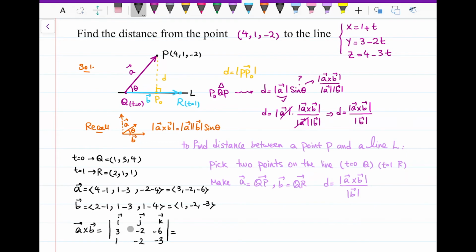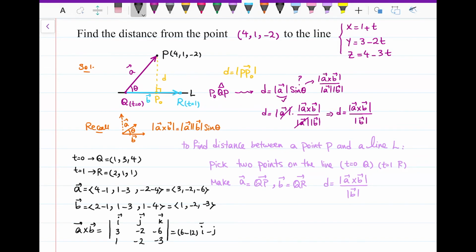And I need to find this determinant, which would be I times this minor in here. After I remove the row and the column that is containing I, I am left with this minor here, so it would be negative 2 times negative 3, which would be 6, minus negative 2 times negative 6, it would be 12.